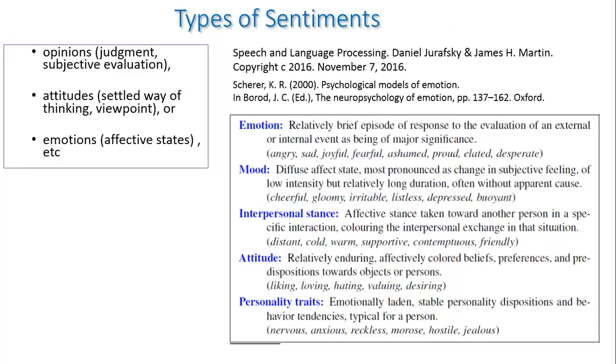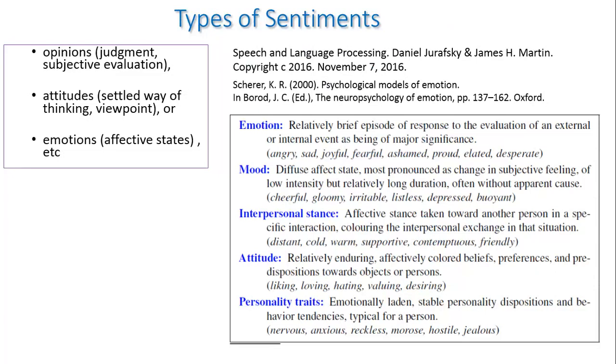Again, there is a category here called personality trait, and they list nervousness, anxiety, and things like that. I have no idea how you can use statistical models or NLP to identify those personality traits.